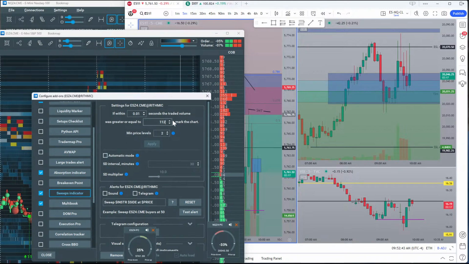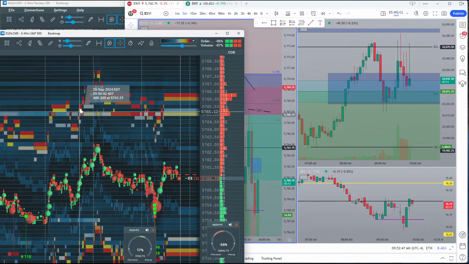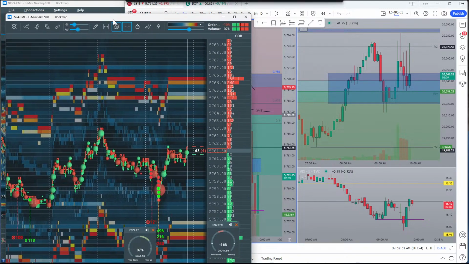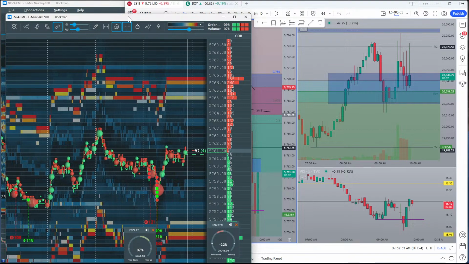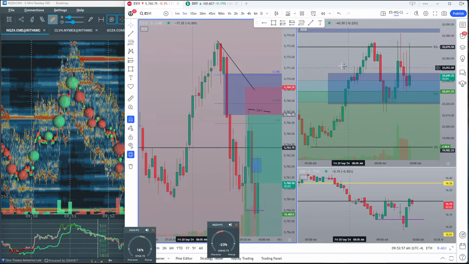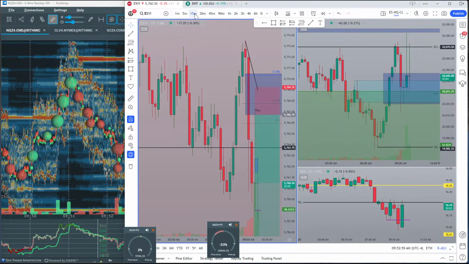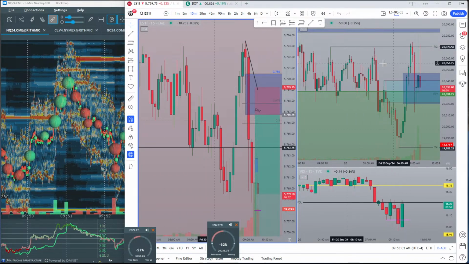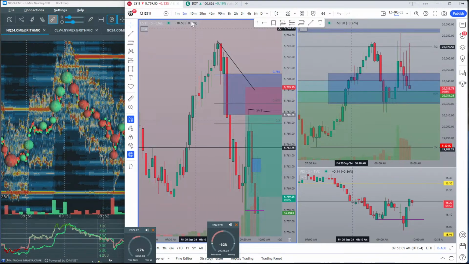Also turn that off automatic, put that on 100. Alright guys, let's see. Still waiting on, could we wait for the 15-minute time frame? The thing is, the 15 looks very bearish on the Nasdaq.